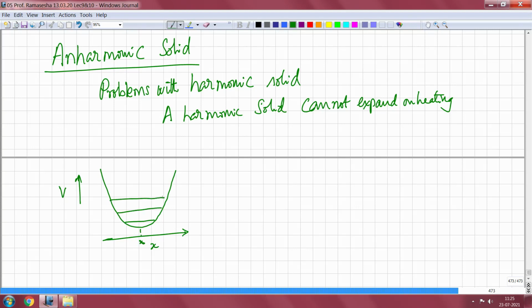So, if you look at the vibration levels, this is n equal to 0, 1, 2, 3, etc. They are all completely equally spaced, and for every vibrational state the equilibrium distance is the same.